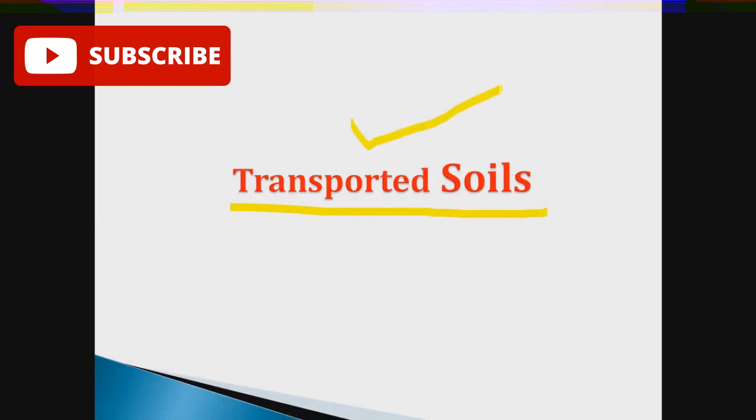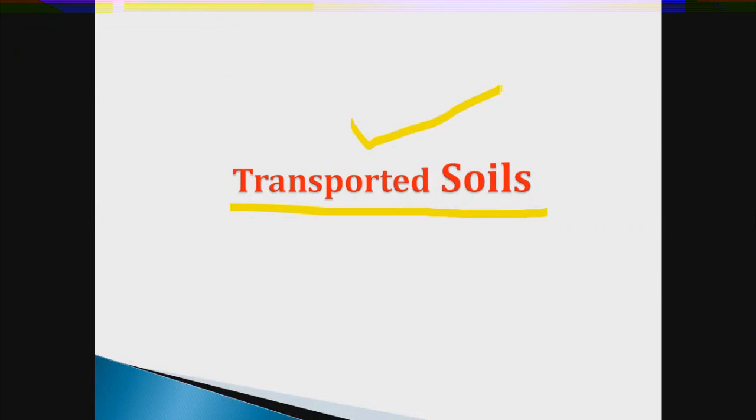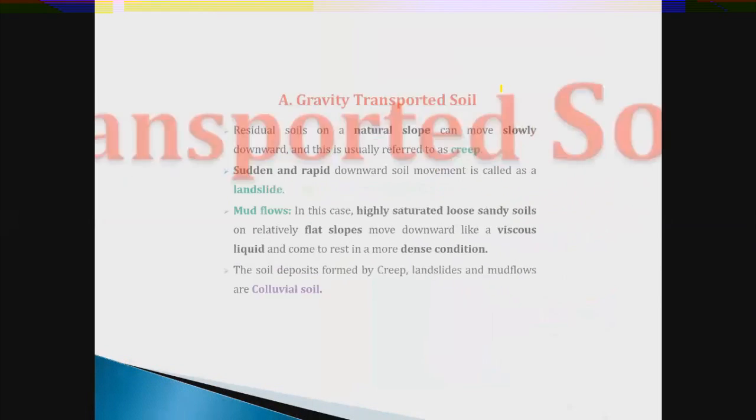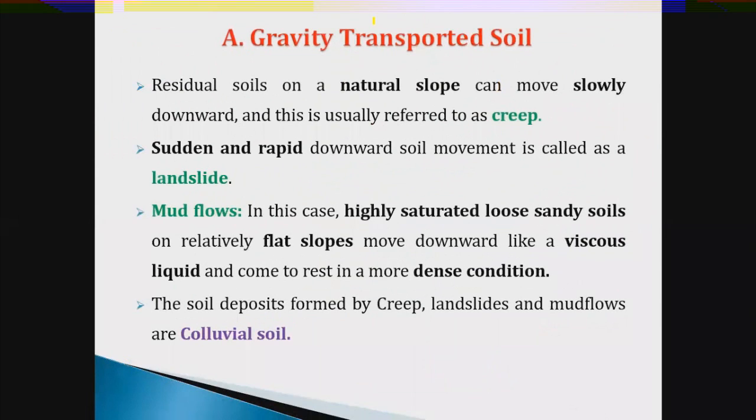Now let us discuss the transported soil. When the rate of weathering is less than the rate of transportation, it will result in different types of transported soil. The first type is gravity transported soil.